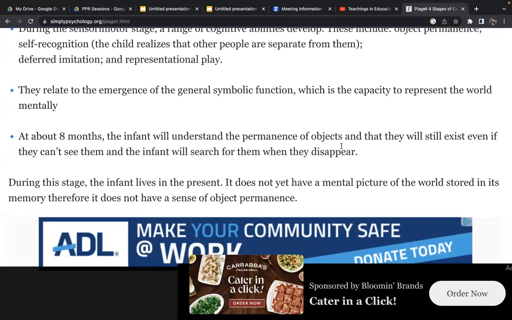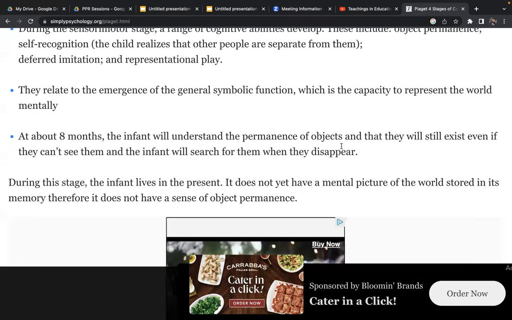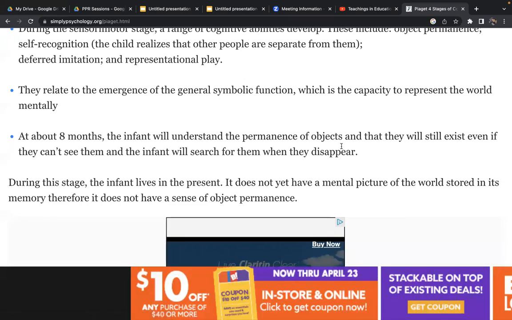That means, for instance, if you are in front of a 6-month-old and you have a bunny and you put it behind your back, they think the bunny's gone, the bunny disappeared, and they might even stop thinking about it, like the bunny doesn't exist anymore. Not that it's behind your back or that it moved somewhere else. So object permanence is the understanding that just because I can't see it doesn't mean it doesn't exist anymore. It still exists somewhere else, just not in my line of sight.